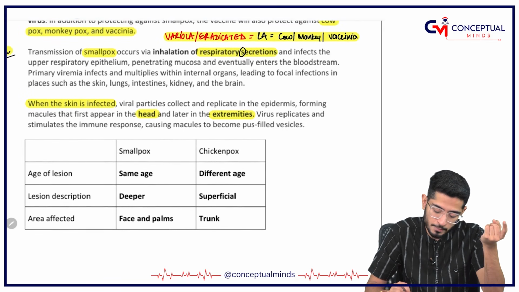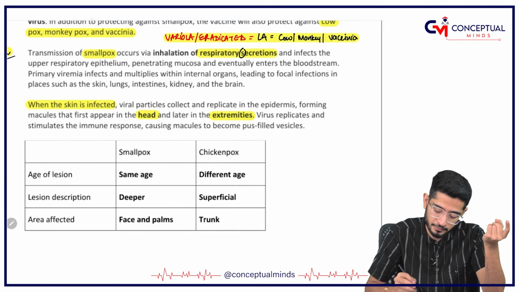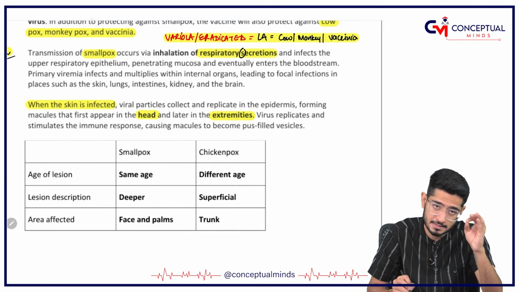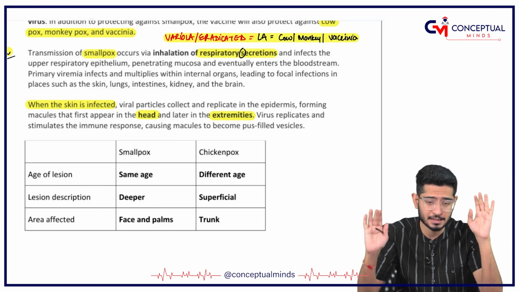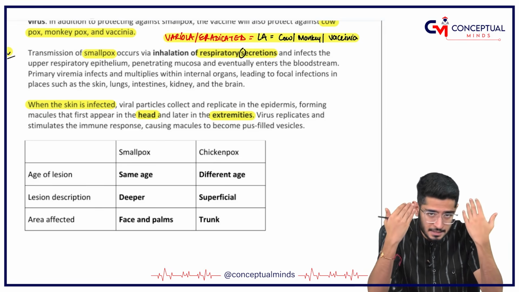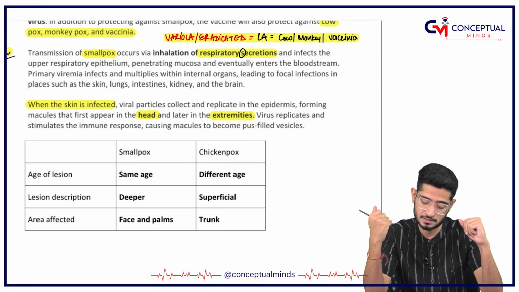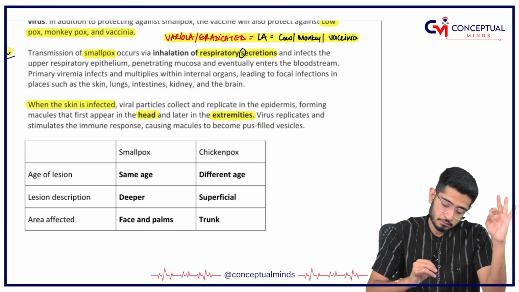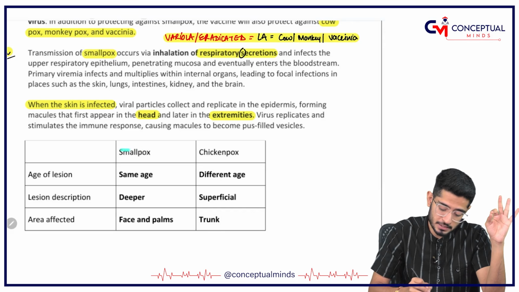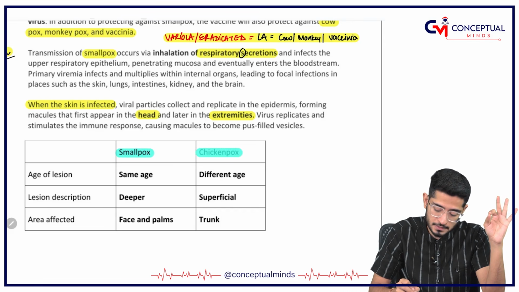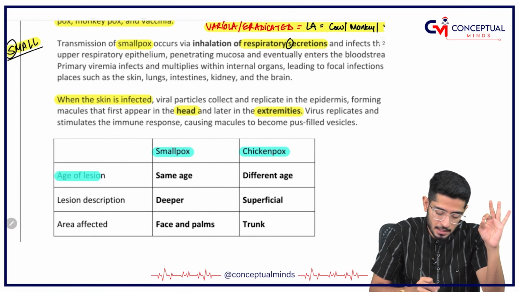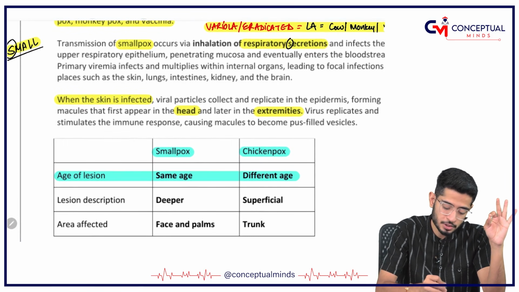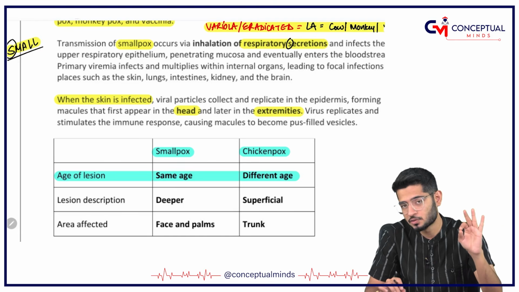Whereas in chickenpox, the area affected first is the trunk. The first affected area is the trunk, and then the extremities. Here it is the head and the extremities, okay. So slight difference between smallpox and chickenpox. Please remember that smallpox has the same age of the lesion, whereas chickenpox has different ages of the lesion.